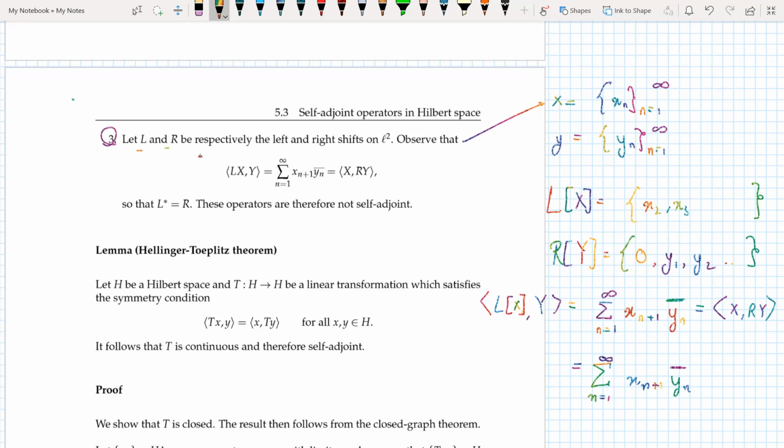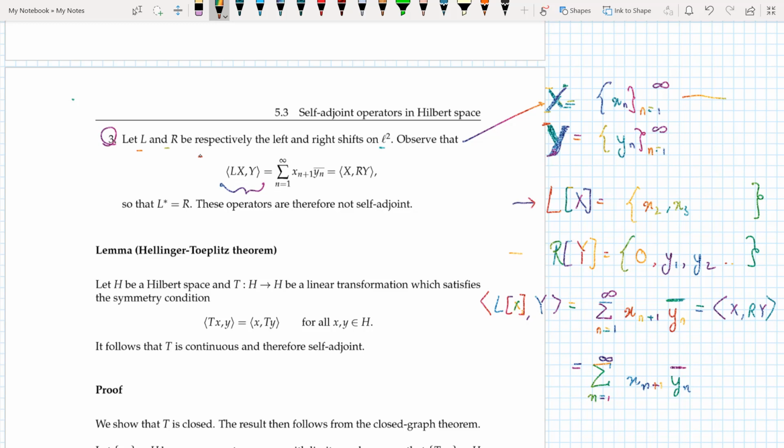Let L and R be respectively the left and right shifts on L square, the L2 space. Now observe that the inner product is defined by this formula. We have already seen that in the previous video. Now if you just write out how X looks like and how Y looks like, this should be capital X and this should be capital Y. So that is a sequence, and the left shift is this.